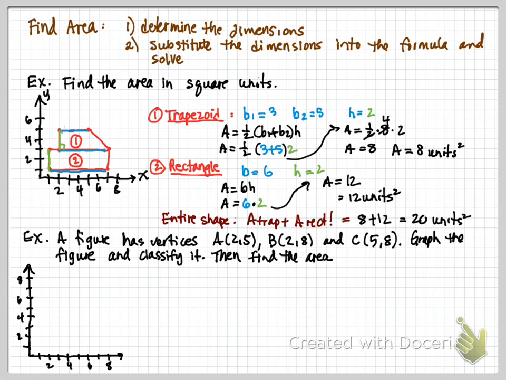Now I'm going to graph this. A is at 2, 5. B is at 2, 8. Oh, I'm going to have to move that A, aren't I? Here's B. And C is at 5, 8.